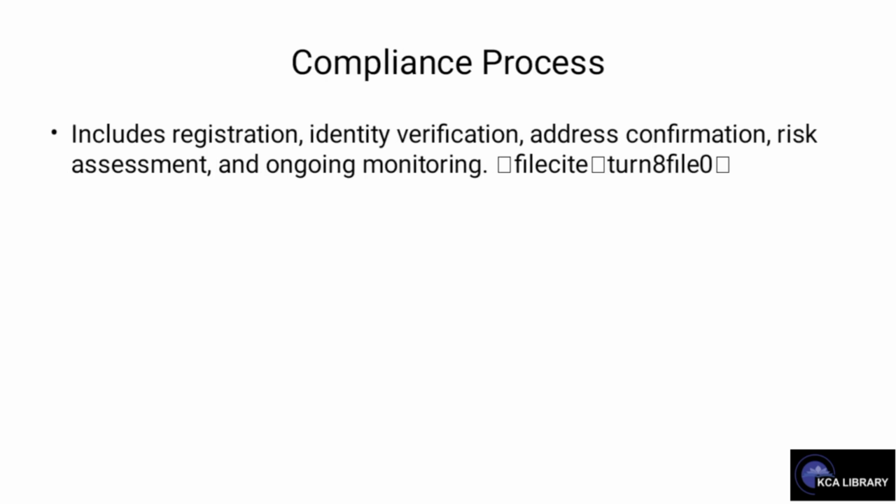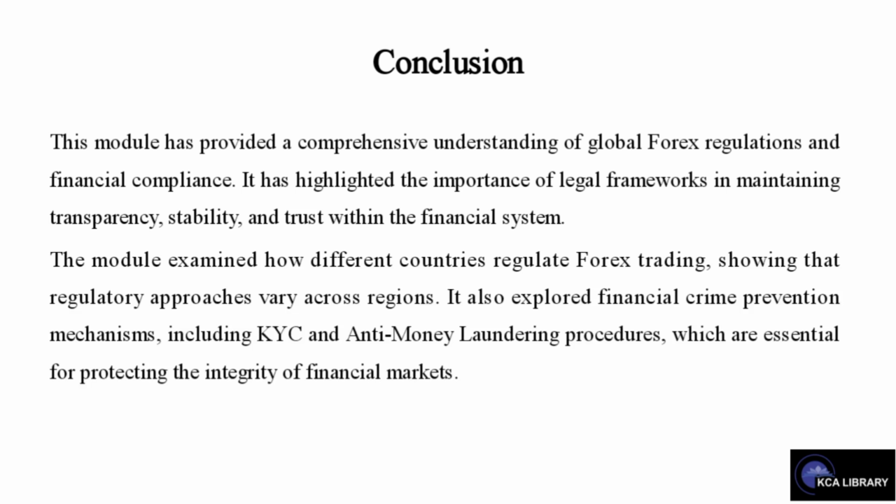Now, what is the process of compliance? It includes: one, registration, register your business; two, do identity verification known as KYC; three, address confirmation; four, assessment; and five, ongoing monitoring. You should also follow anti-money laundering schemes very seriously.